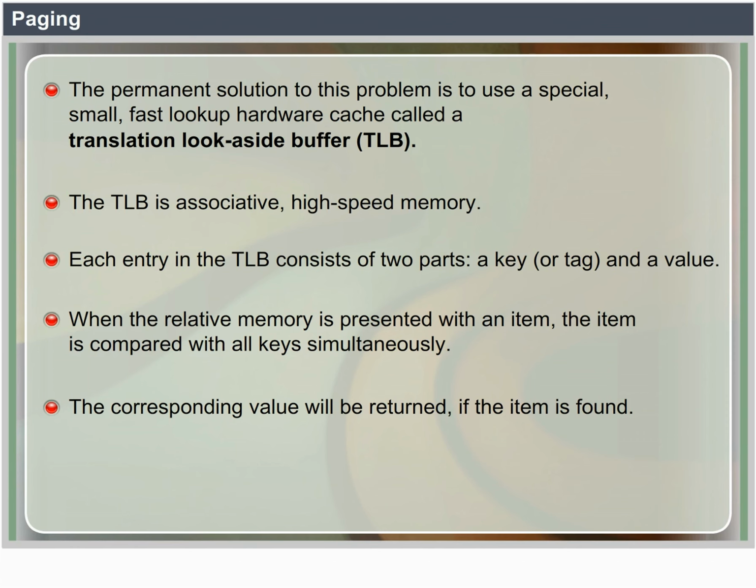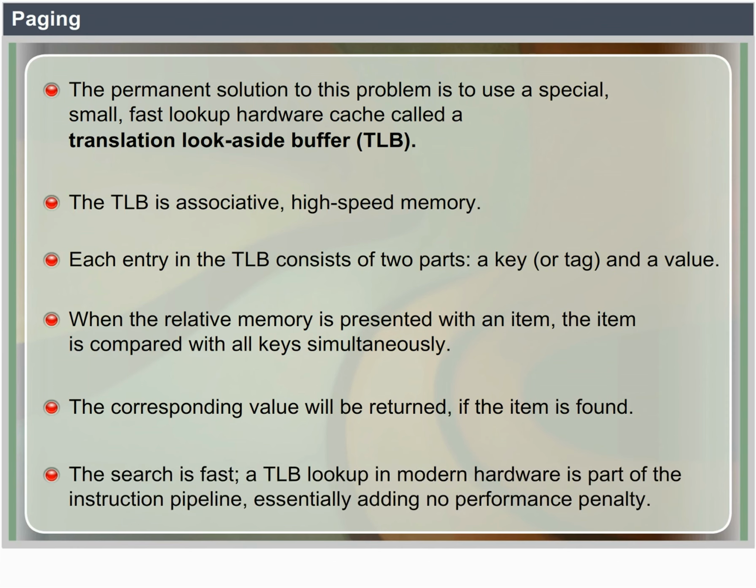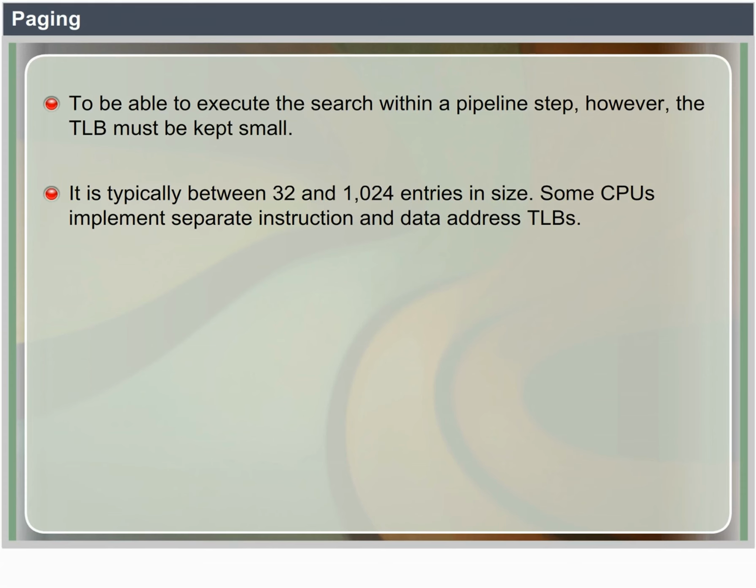The search is fast. A TLB lookup in modern hardware is part of the instruction pipeline, essentially adding no performance penalty. To be able to execute the search within a pipeline step, however, the TLB must be kept small. It is typically between 32 and 1024 entries in size.